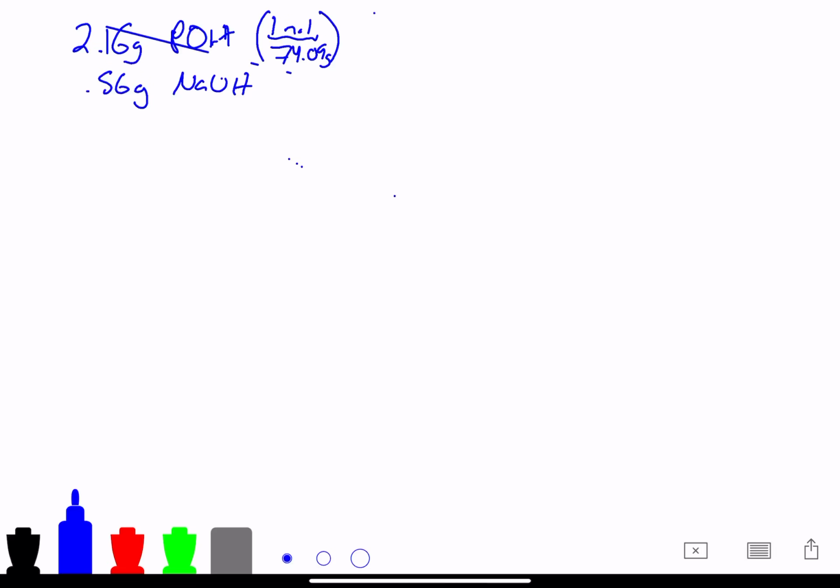The molar mass of sodium hydroxide is 22.99 plus 16 plus 1.01, and we get 40 grams. To find the number of moles, 2.16 grams divided by 74.09 grams is 0.029 moles. For sodium hydroxide, 0.56 grams divided by 40 grams is 0.014 moles.